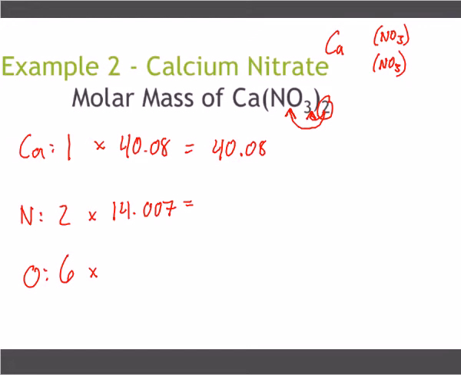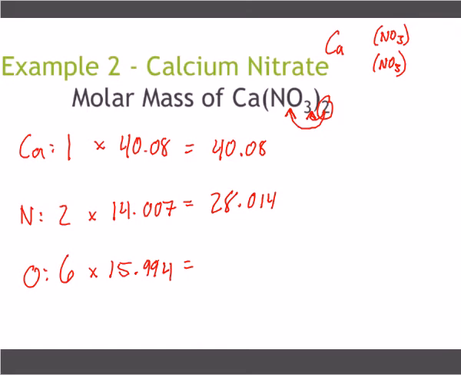Oxygen should be exactly 16, but I think yours is like 15.9997 or something like that. So close. Okay, do that math. 28.014. I can't do that one in my head.